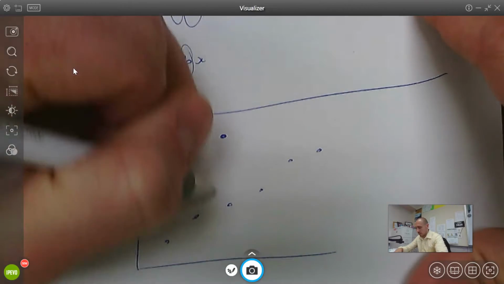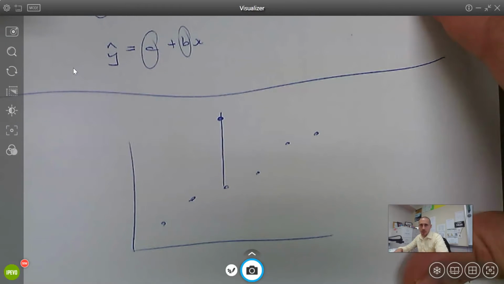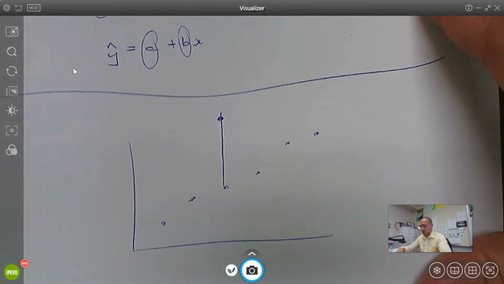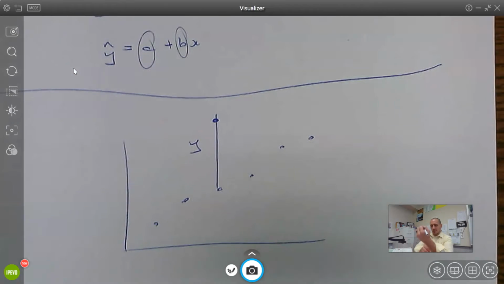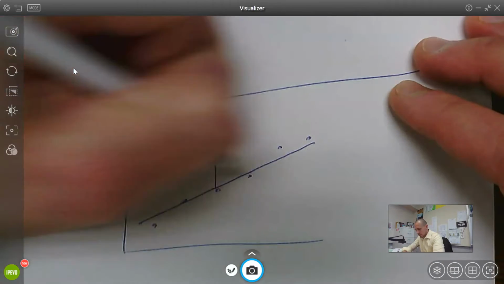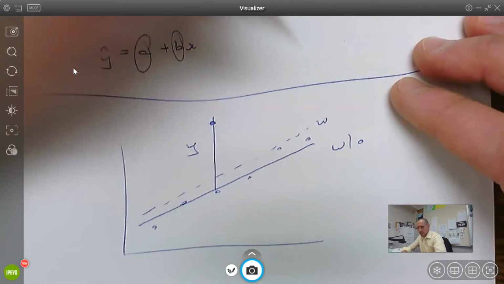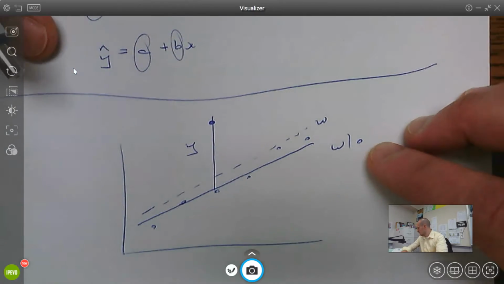You can have an outlier in the y direction. It's going to have a large residual. It's not going to have much impact on the least squares regression line equation, but this is an outlier in the y direction. We say it doesn't have high leverage or it's not influential because it's not changing the line much. Like without that outlier, here's the line. I'll just do WO without, and then maybe with the outlier, it's that dashed line. Not much of a difference.